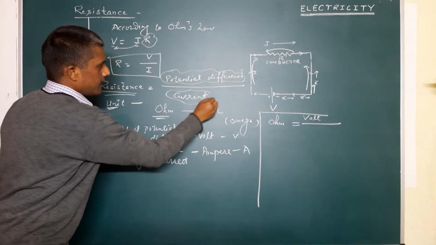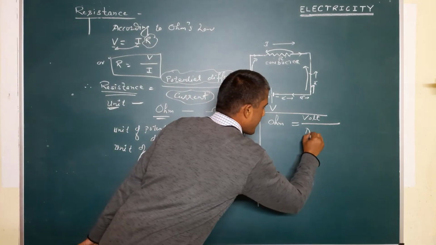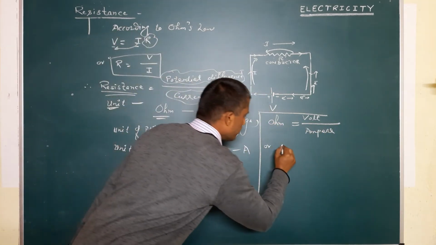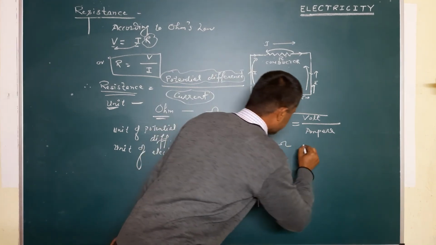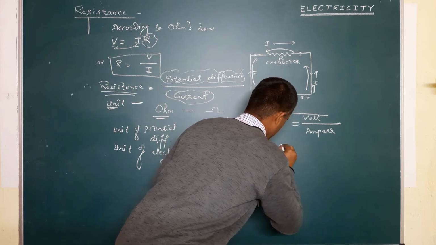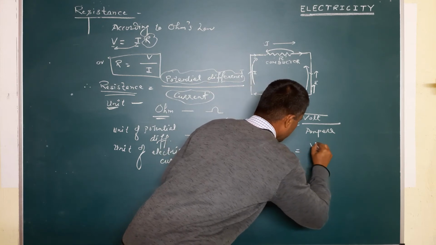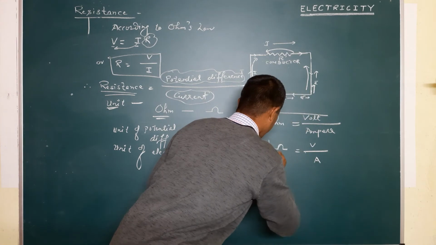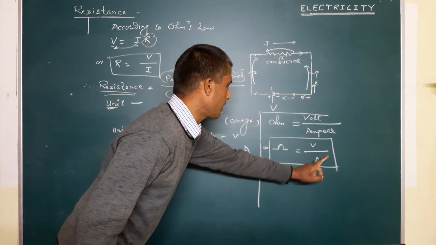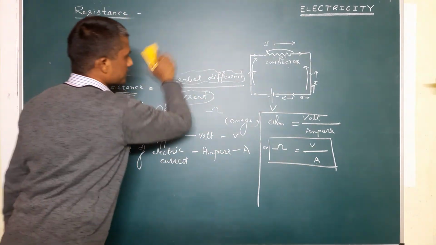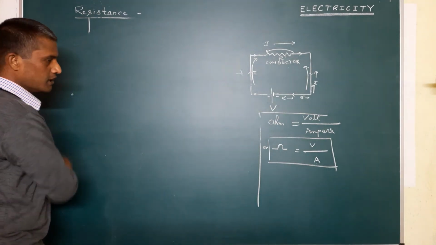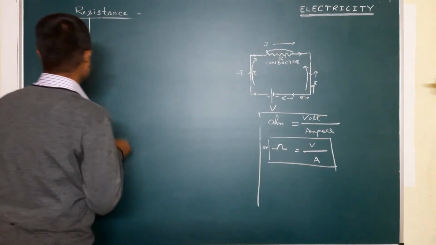And the SI unit of electric current is ampere, or Ohm is equal to volt upon ampere. So that's the unit, and we have understood what Ohm equals to. It is equal to volt upon ampere.